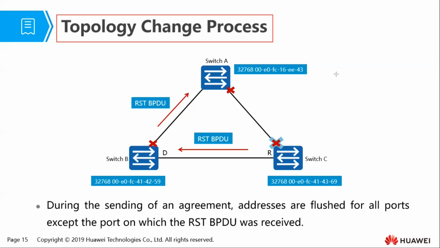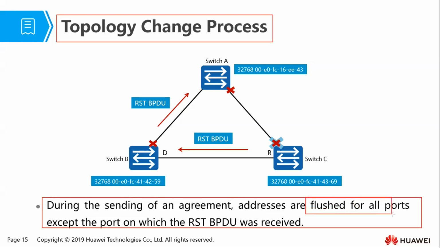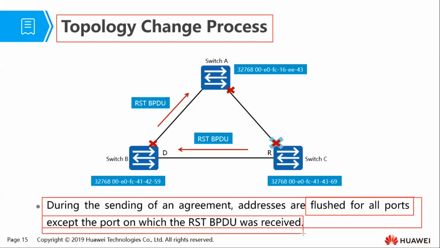So what happens is, when we have a link or device failure, as we are exchanging the agreement and the proposals, we will set the topology change bit to 1, so that we can notify the upstream switches to flush all the ports except the port on which the RSTP BPDU was received.